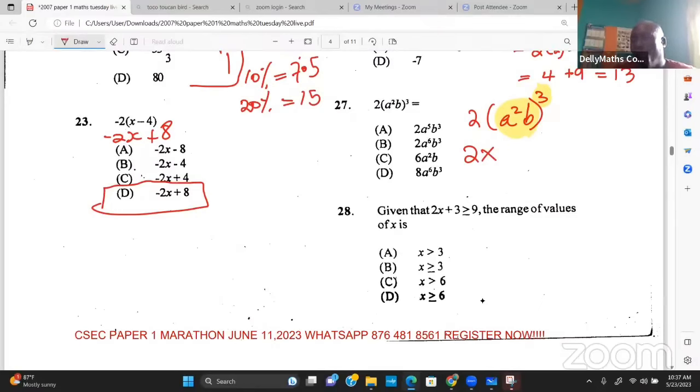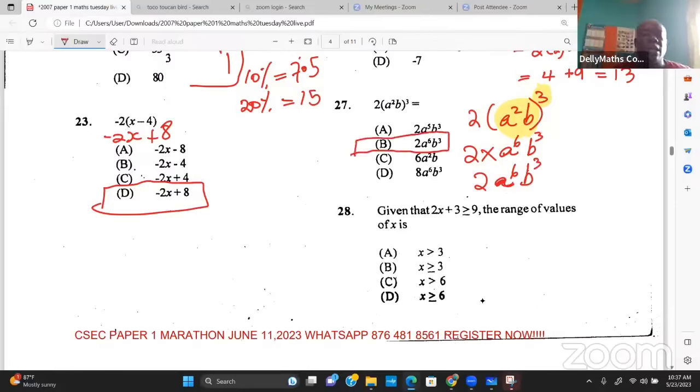However, what we're going to have here is A to the 6th and B to the 3rd, right? Remember, when a power is raised to a power, you multiply powers. And then at the end, you should be looking for 2A raised to the 6th and B to the 3rd. Be careful.